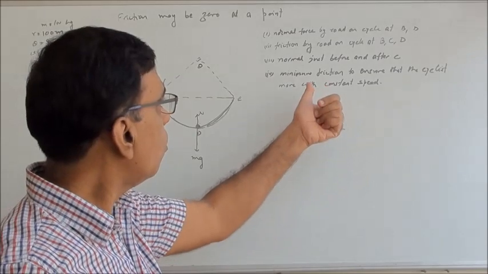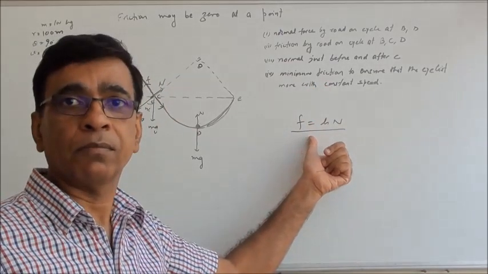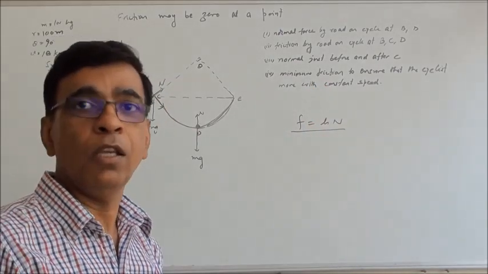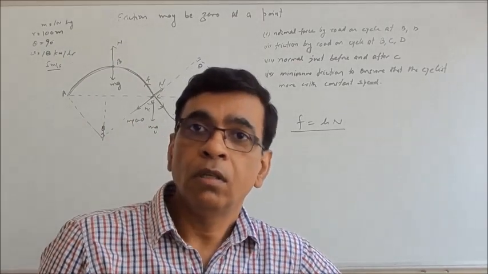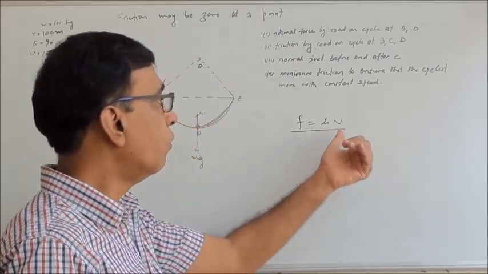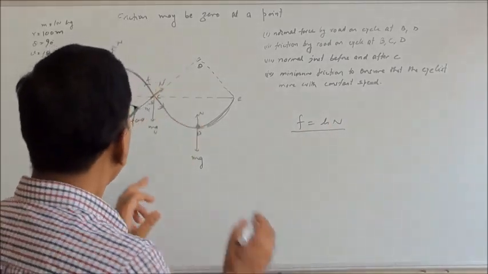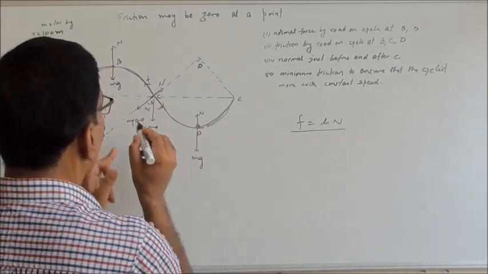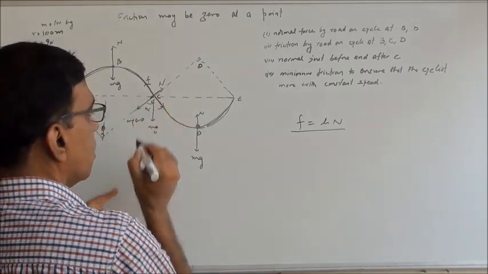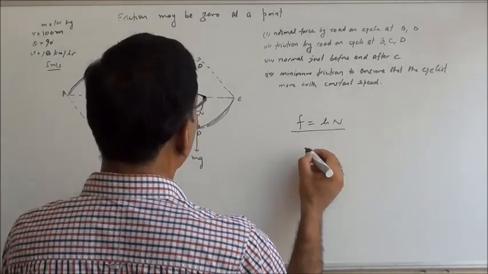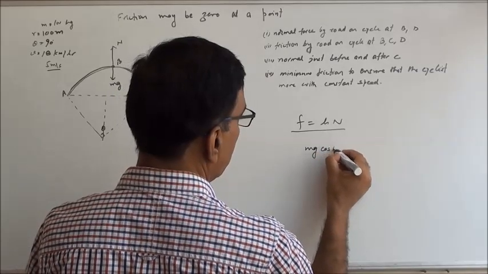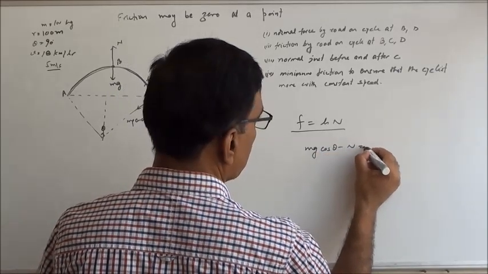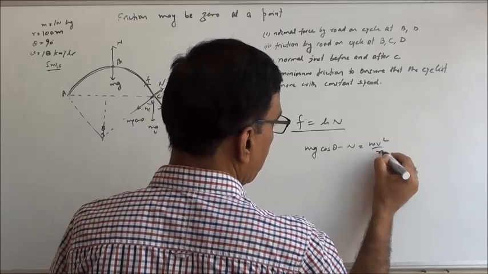If we want minimum friction, just see when the minimum force is acting on the body and equate it with mu N. We calculated this force at this point, just before C and just after C. Just before C, it was mg cos theta minus N is equal to mv square by r.